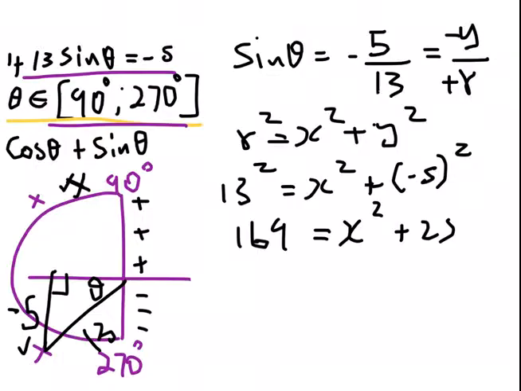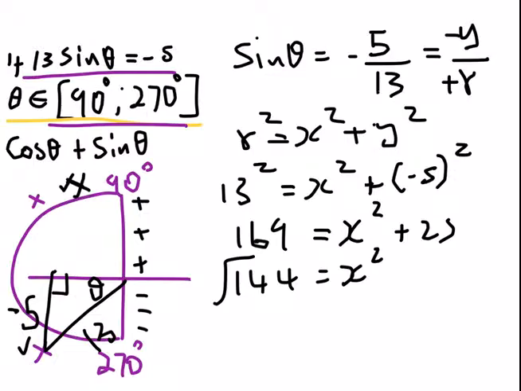Okay, so now if you take 25 to the other side to minus this thing, I'm just curious, will it not be 144? I think if you take it to the other side, it will definitely be 144. So that means you've got 144 equals x squared.